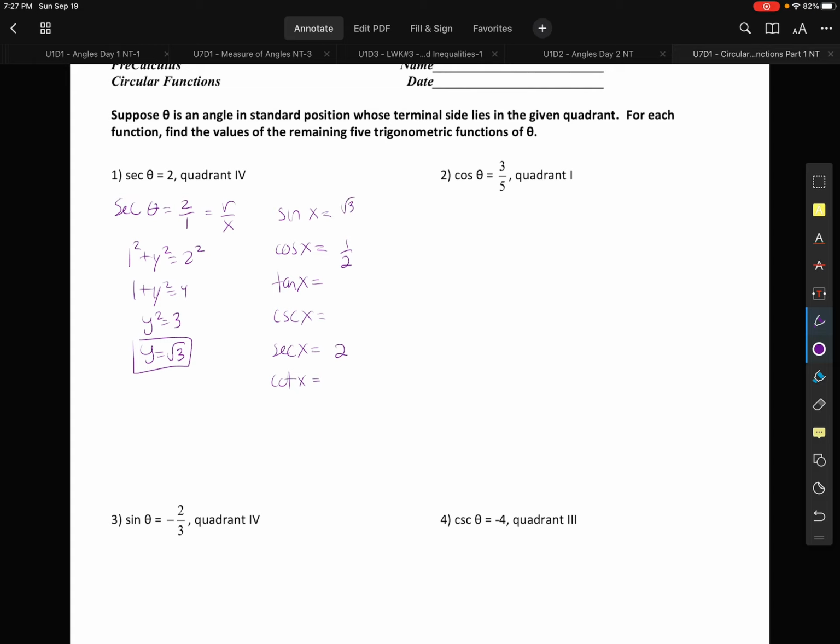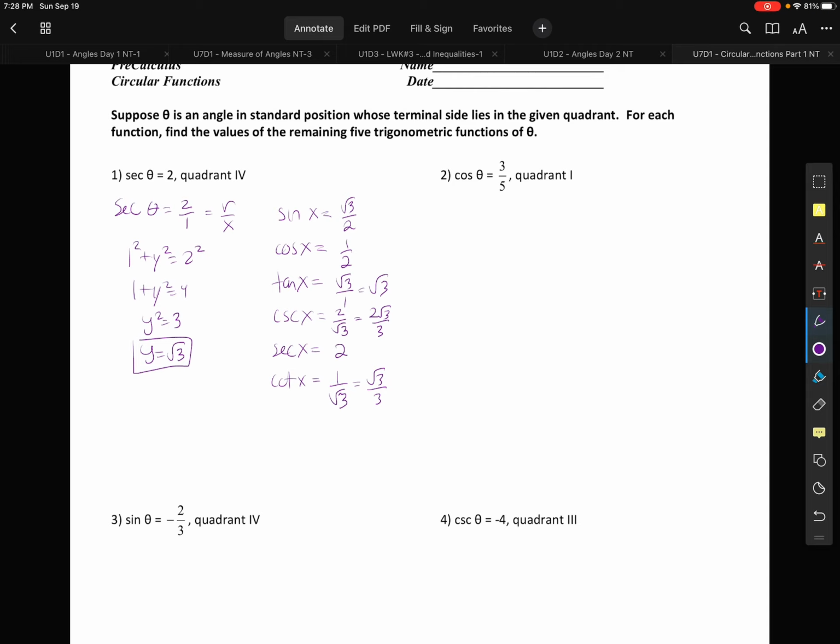So I got rad 3 over 2. Right? Meaning that cosecant is 2 over rad 3, which is 2 rad 3 over 3. Tan is y over x, which is rad 3, and cotan is 1 over rad 3, or rad 3 over 3.